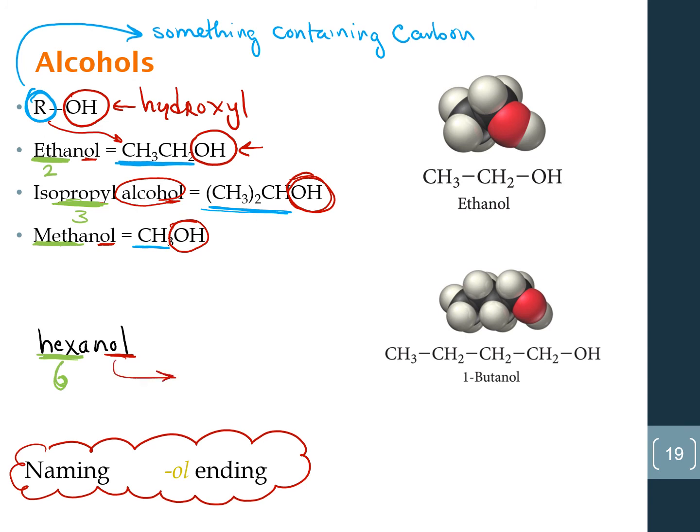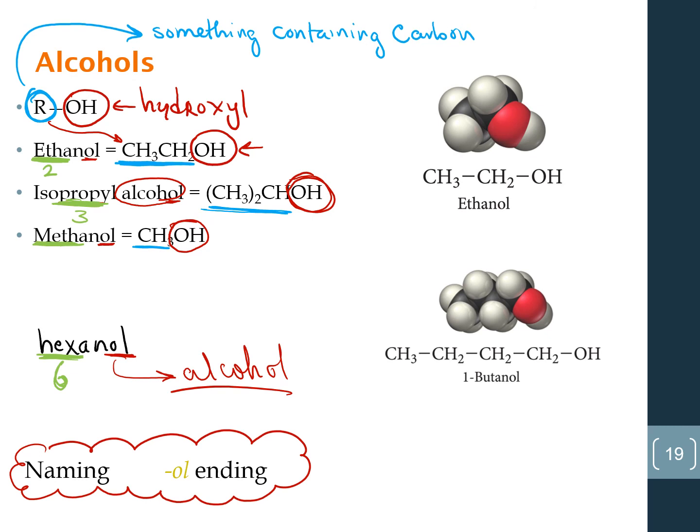Now, that part of the name is telling you that that compound contains a hydroxyl group, which means that that's an alcohol. Hexanol, butanol, propanol, ethanol, heptanol, octanol, all of them are alcohols because the ending of the name is OL.